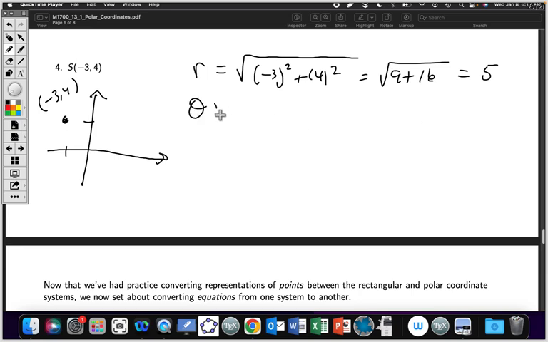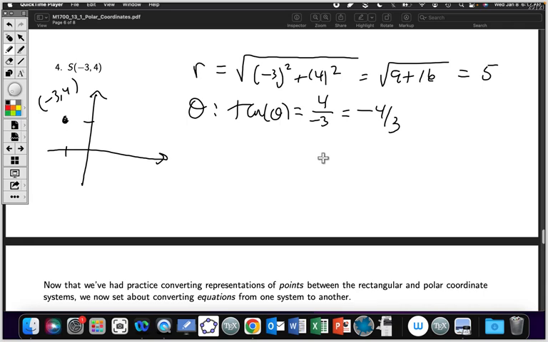And now to get theta, I know that the tangent of theta is y over x. So 4 over negative 3, or negative 4/3. Now, that's not an angle that we recognize, right? That's not one of the common values for tangent. So I'm going to have to use the arctangent function.